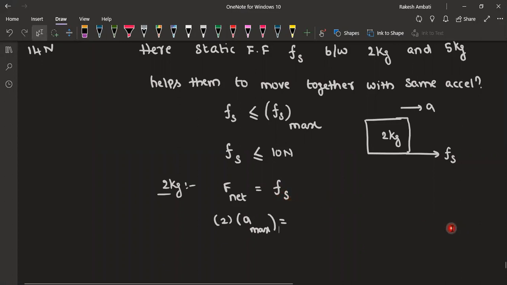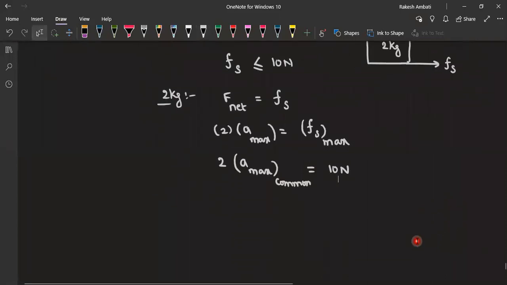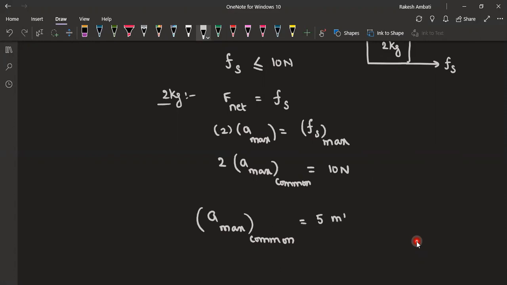Therefore 10 equals 2 into a, where Fs max is 10 Newton. Therefore, the maximum common acceleration equals 5 meter per second square.